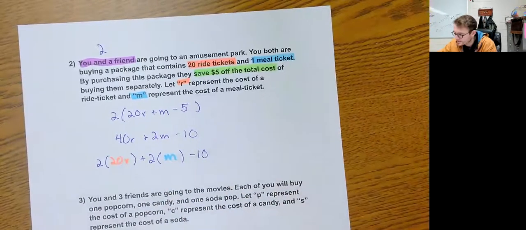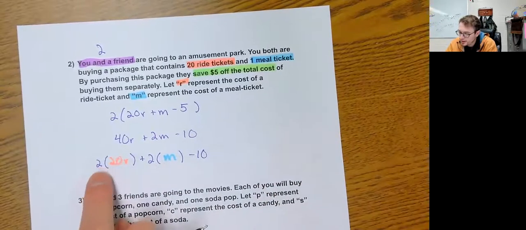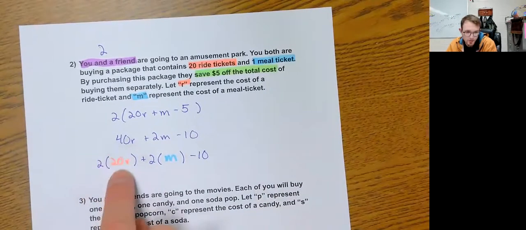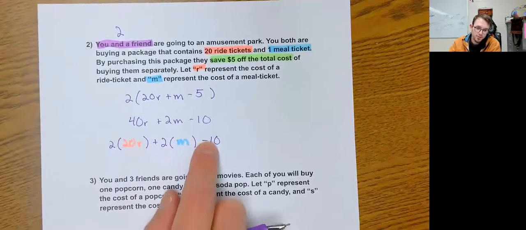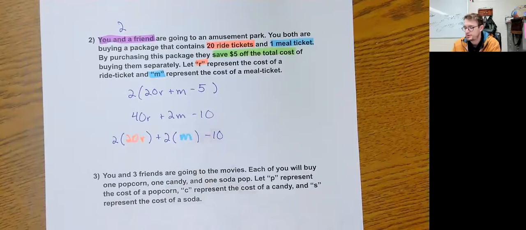If you're saving $5 each, subtract $10. So you got 2 individuals getting 20 ride tickets, 2 individuals getting 2 meal tickets, and they're together saving $10. Yeah, there's tons of different ways to write this.